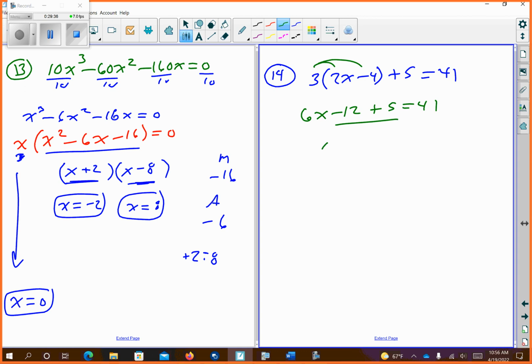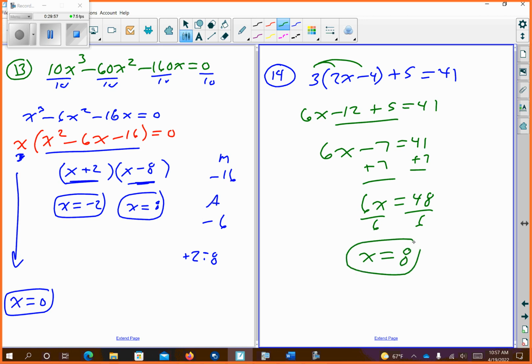This is raised to the first power, so there's only going to be one answer. Negative 12 added to 5 is negative 7, equals 41. Add 7. 6x equals 48. Divide each side by 6. So x is equal to 8. Only one answer there, because it's raised to the first power.